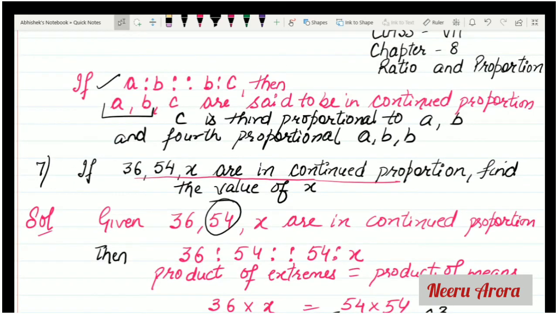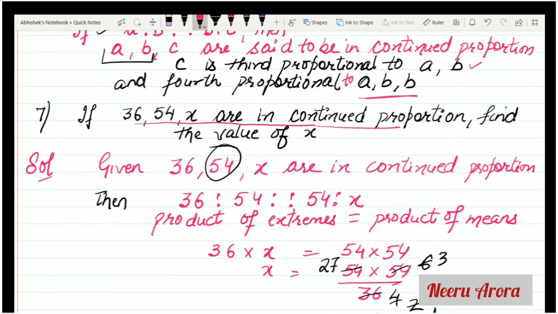C is third proportional to A, B, and fourth proportional to A, B, B. We have done right now.